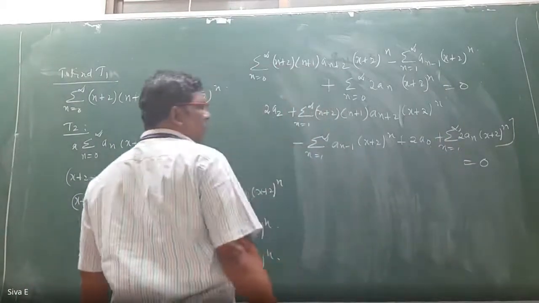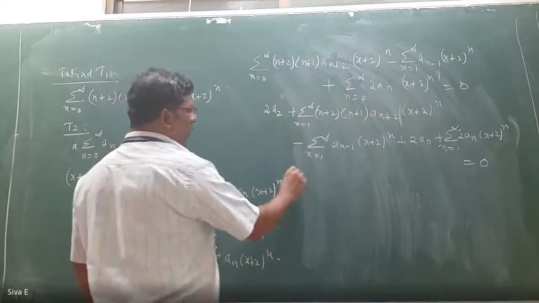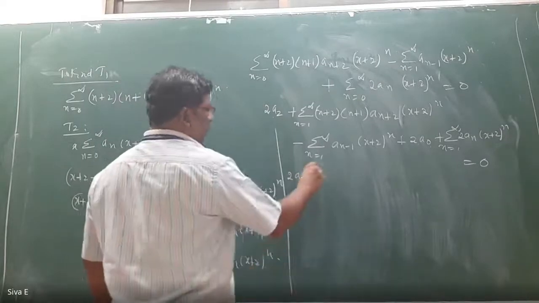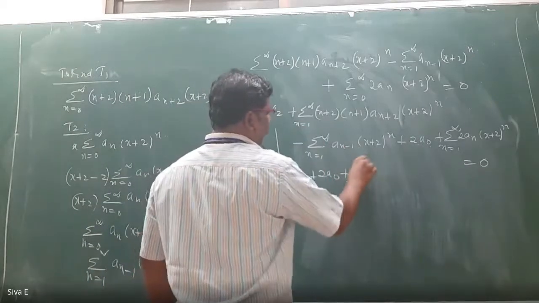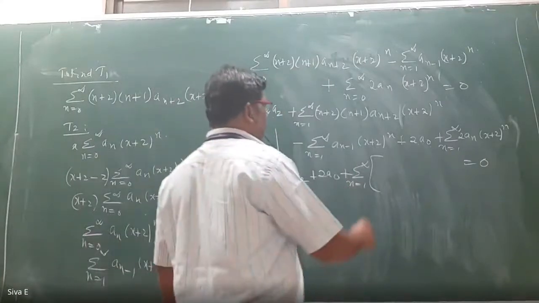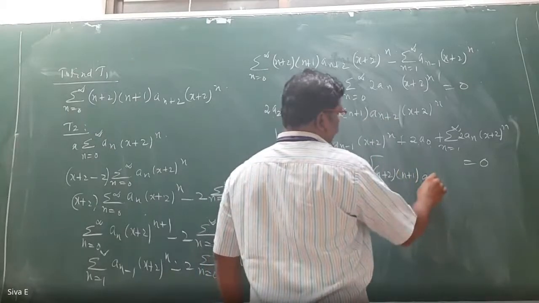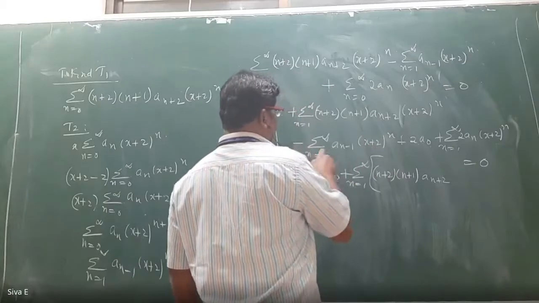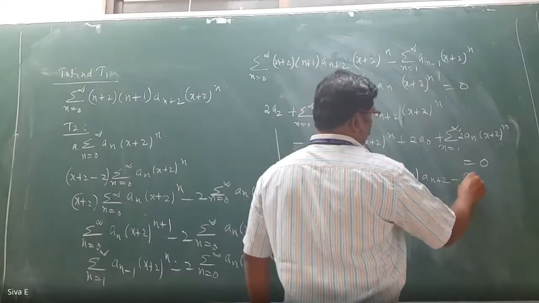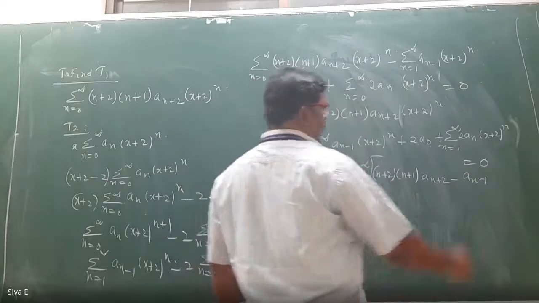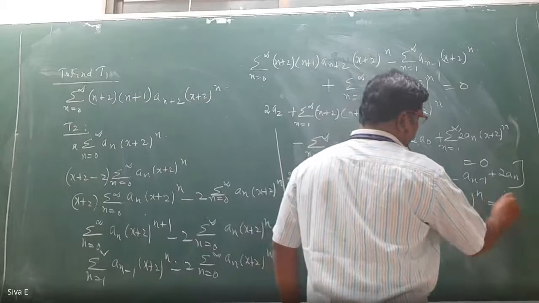Take it outside. 2a2 plus 2a0 plus, take the summation of n equal to 1 to infinity outside, remaining (n + 2)(n + 1) a_(n+2) minus a_(n-1) plus 2a_n, into (x + 2)^n, that is equal to 0.